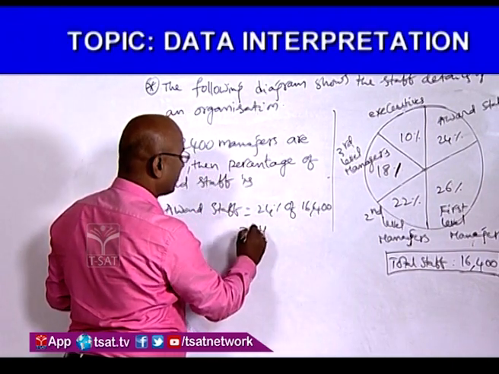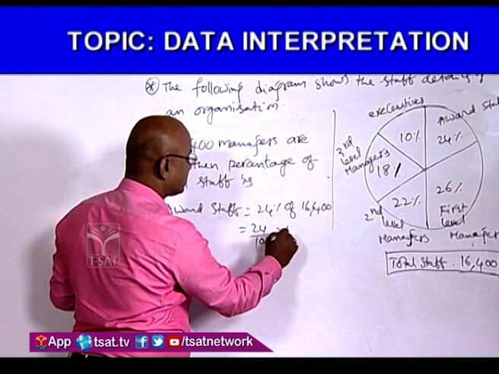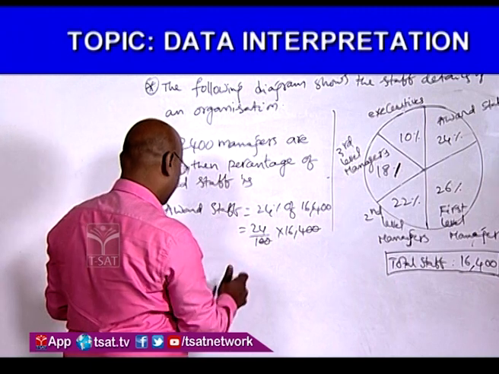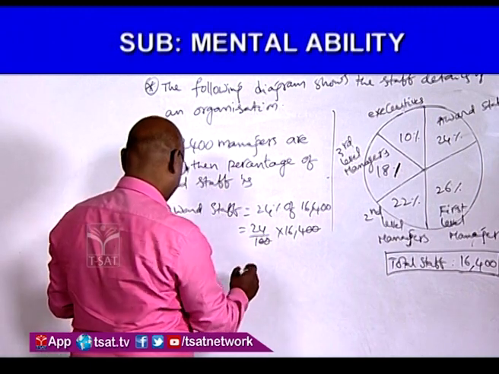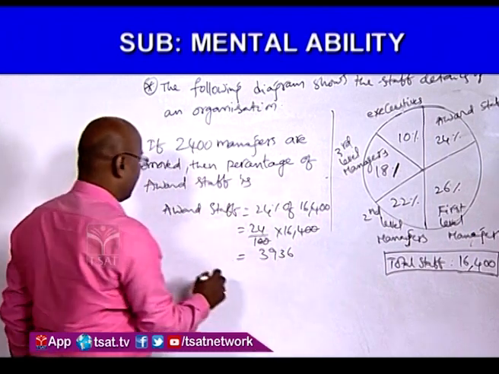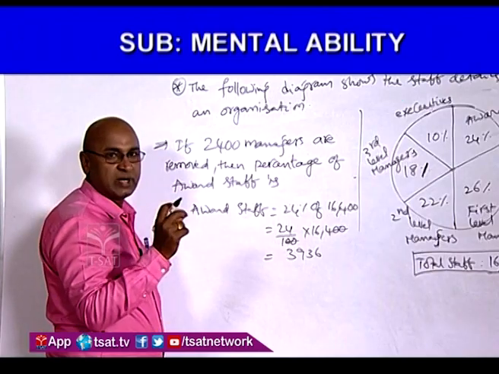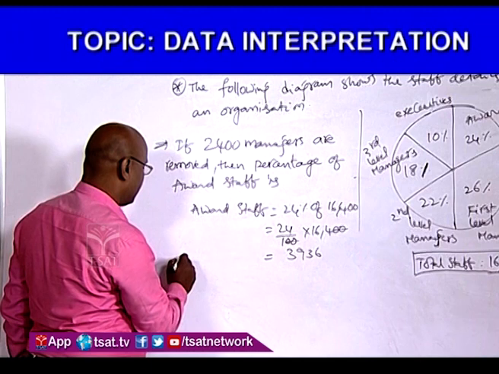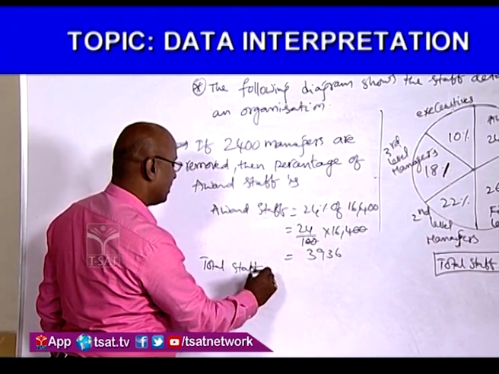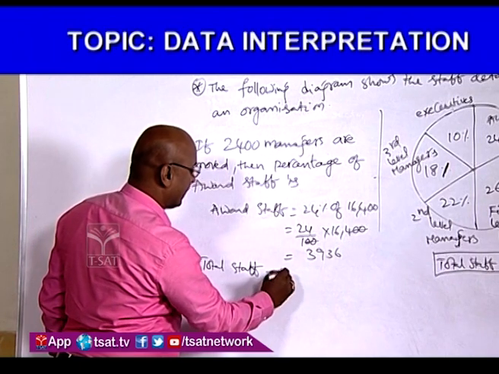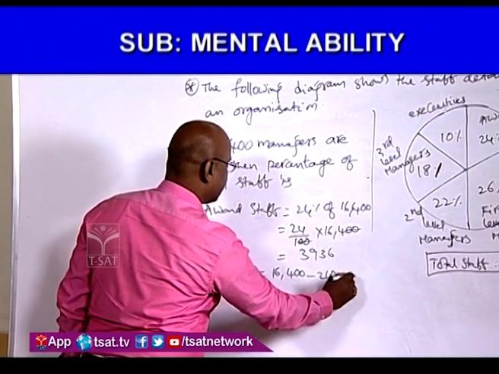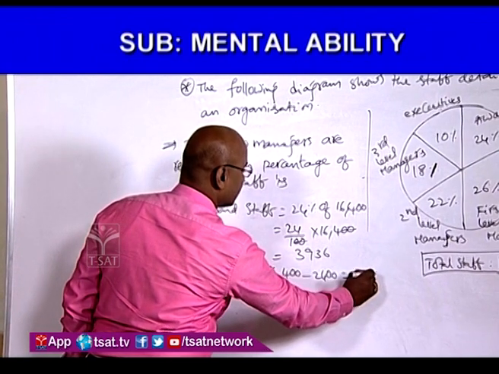So 24 by 100 into 16,400, cancelling two zeros, that is equal to 24 into 164, which is 3,936. Now what happened? 2,400 managers are removed. Now the total staff is 16,400 minus 2,400, that is equal to 14,000.